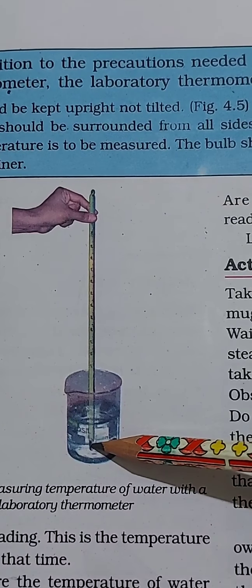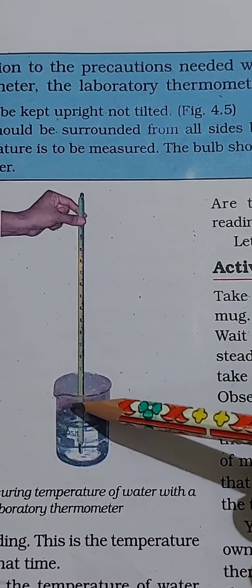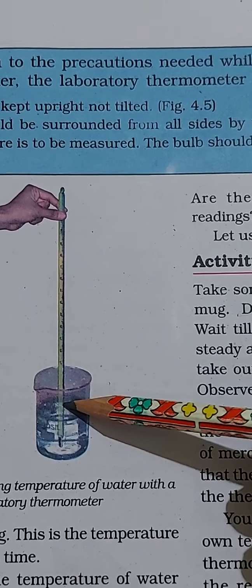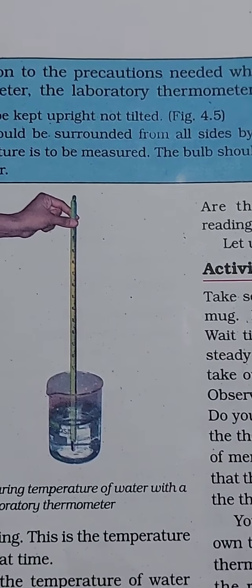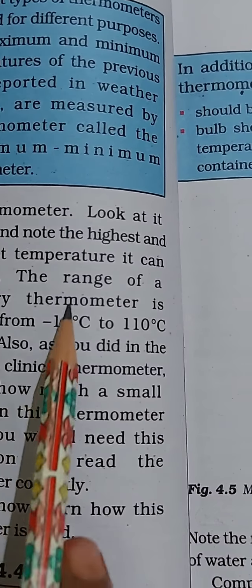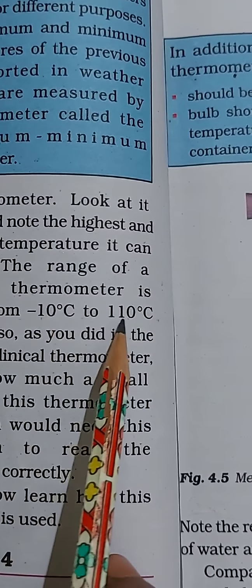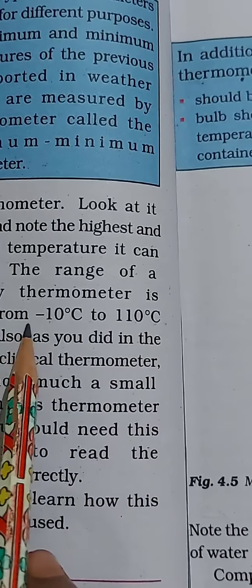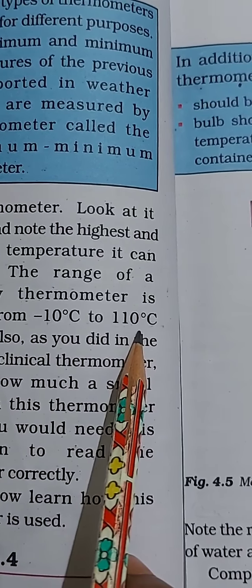Liquid mercury is present in the laboratory thermometer. The range of the reading is minus 10 degrees centigrade to 110 degrees centigrade.